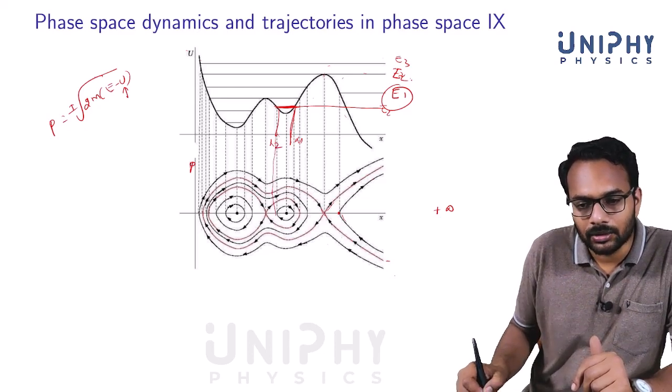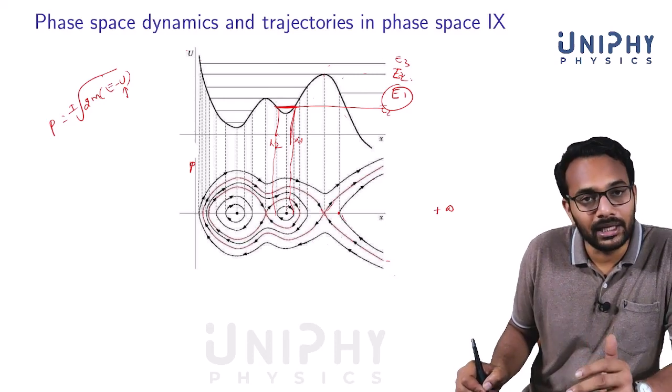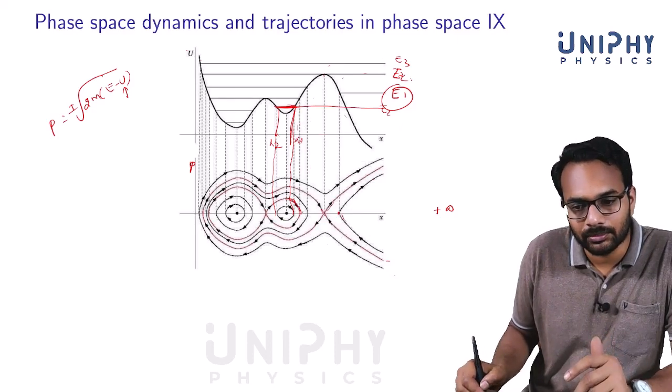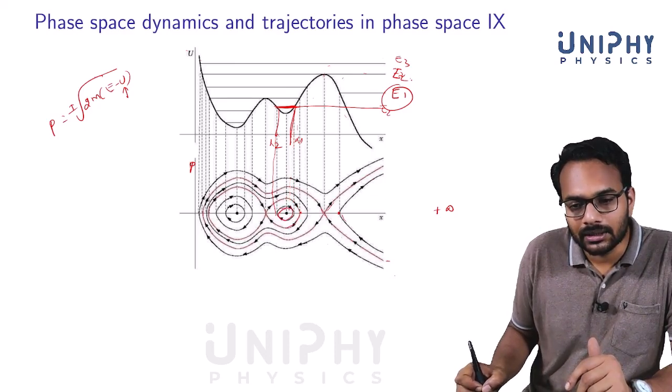You see that you have a closed curve, because you could start the particle with any momentum, but as it goes towards the plus x direction, the momentum will decrease. It will come to a halt at this point, because at this point E is equal to U. So momentum goes to 0, and then it goes back like that.